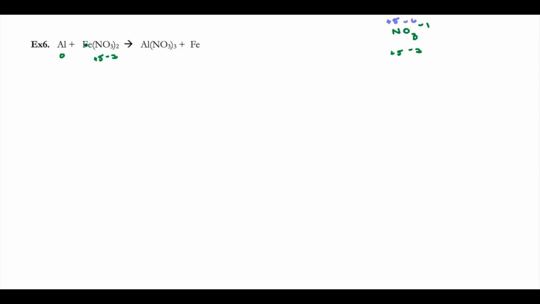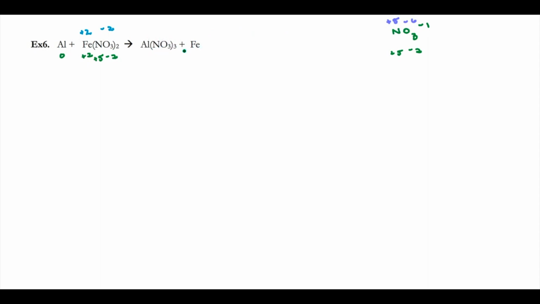To figure out iron, keep in mind, nitrate has a -1 charge, but there are 2 nitrates there. So that contributes a total of -2, which means iron, to cancel out the charge and have no overall charge, will need an overall oxidation number of +2. The same thing happens here.